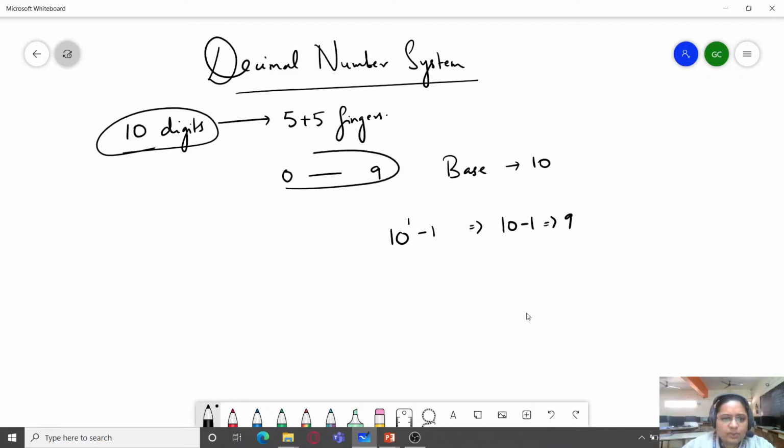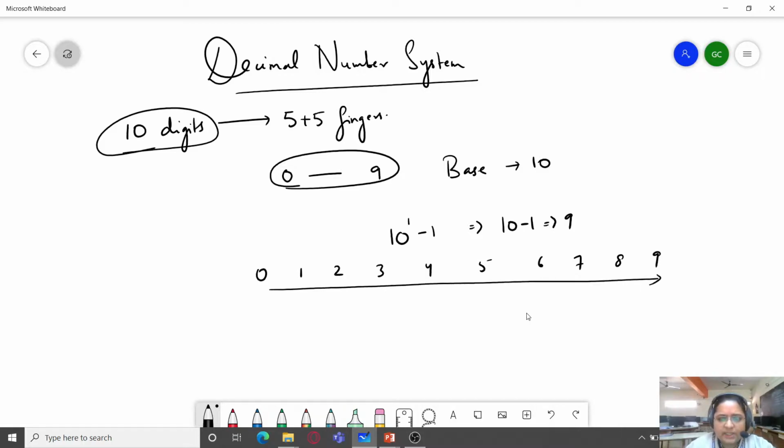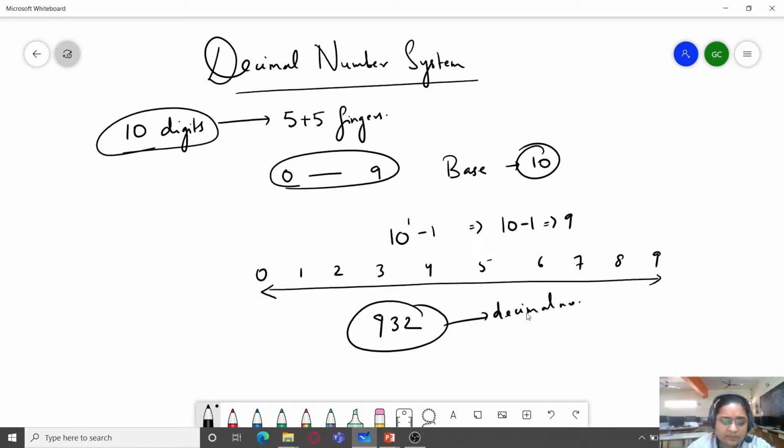So 0 to 9 digits are there, that is 0, 1, 2, 3, 4, 5, 6, 7, 8 and 9. Any number in the decimal number system is a combination of these 10 digits. So if I create a number like 932, this 932 is a decimal number, or we can say it is a base 10 number.